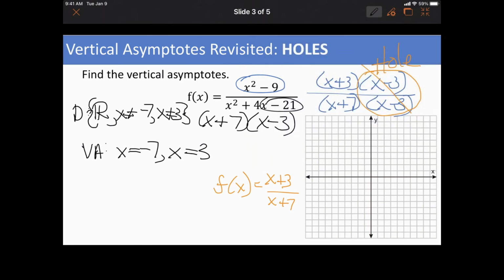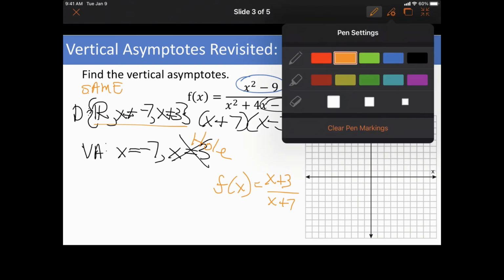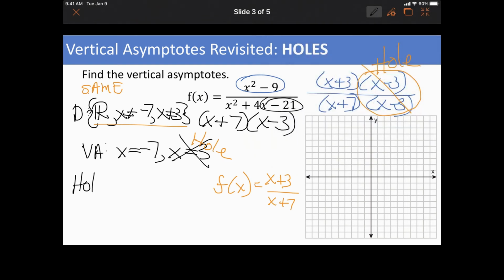So you have to say, okay, that, Miss Mendoza, is a hole. Okay, hole. Does it change the domain? No, it doesn't. Domain is the same. Okay, so we write this, hole at x equals 3.